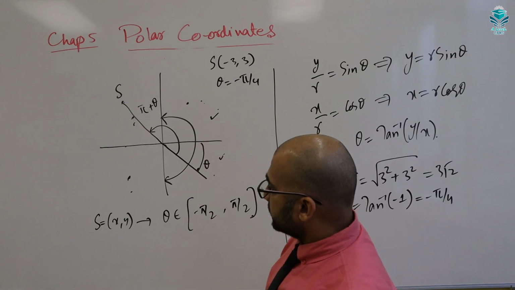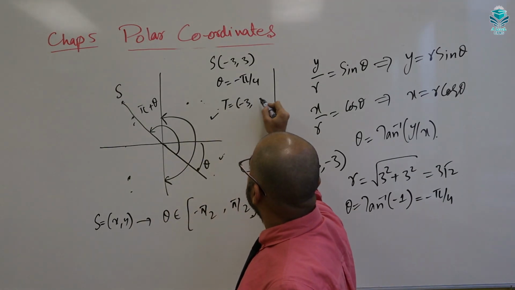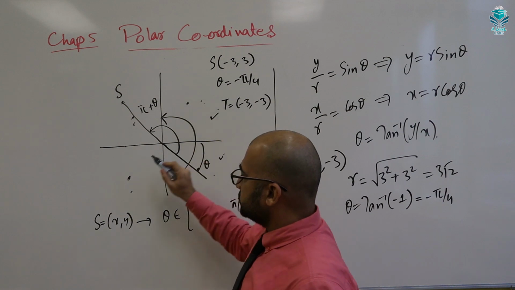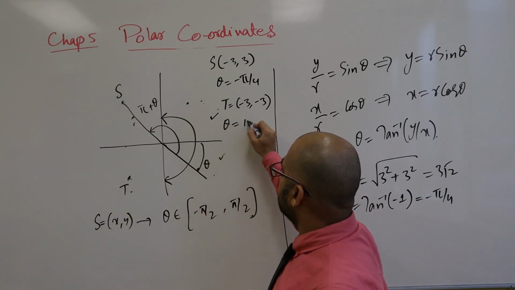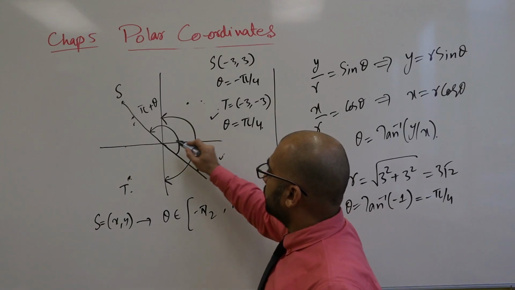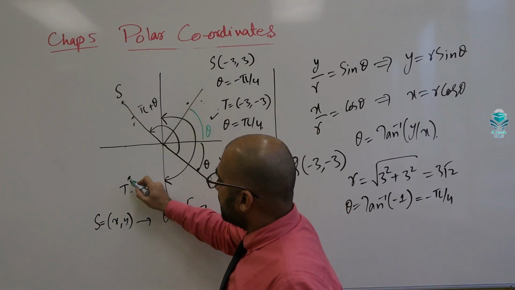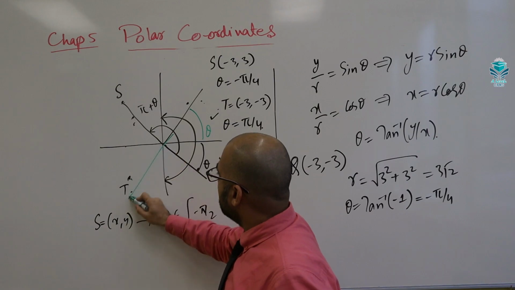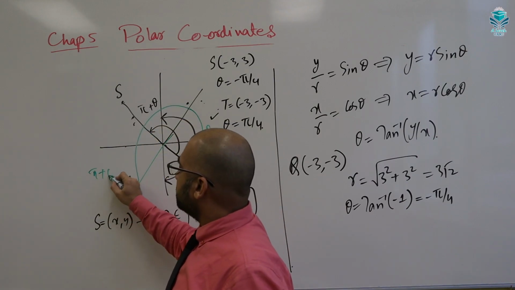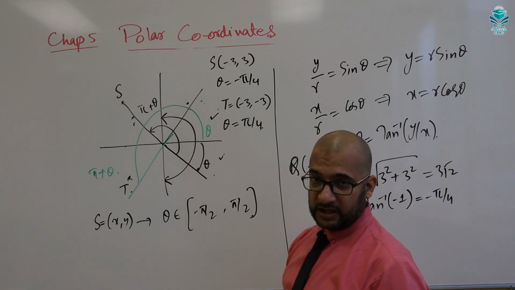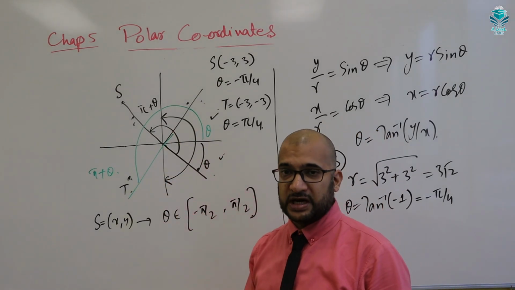And let's say your point T, which is minus 3, minus 3, means you are in the third quadrant, and the angle you measure will be pi by 4, which means your angle is here. So you have to approach T. What you will do is add pi plus theta. Understand? If you add pi, then you will be at your desired equation.